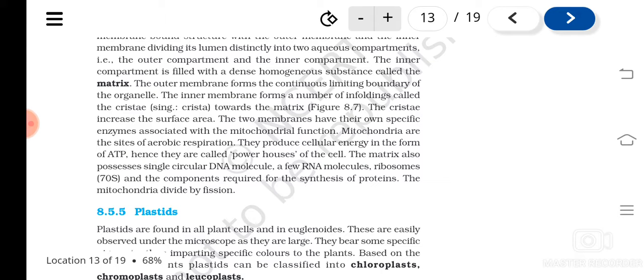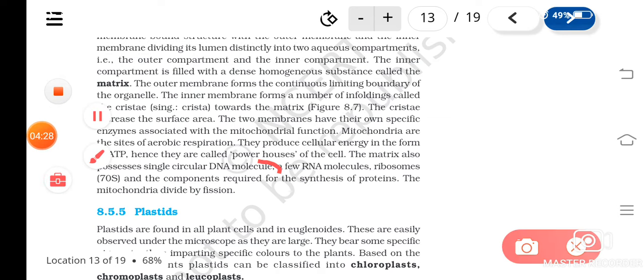Understood? So that's why mitochondria are known as the powerhouse of the cell. Why? Because they produce ATP. From where do they produce ATP? From the food, isn't it? After digestion, it will be absorbed, and then the blood takes it to the cells.